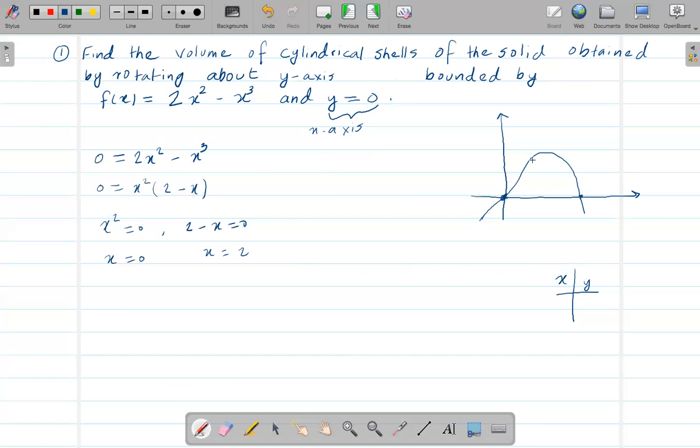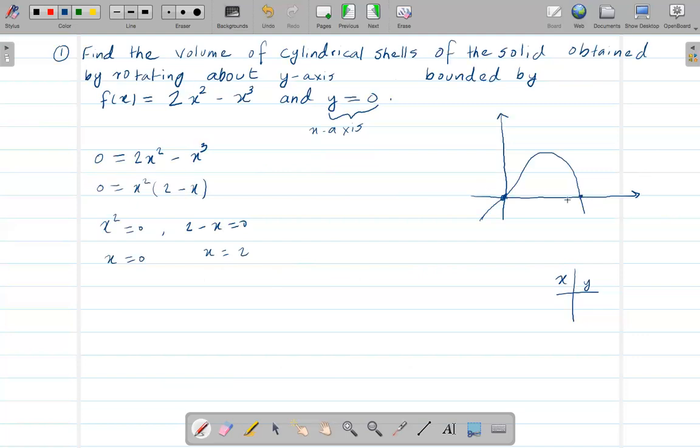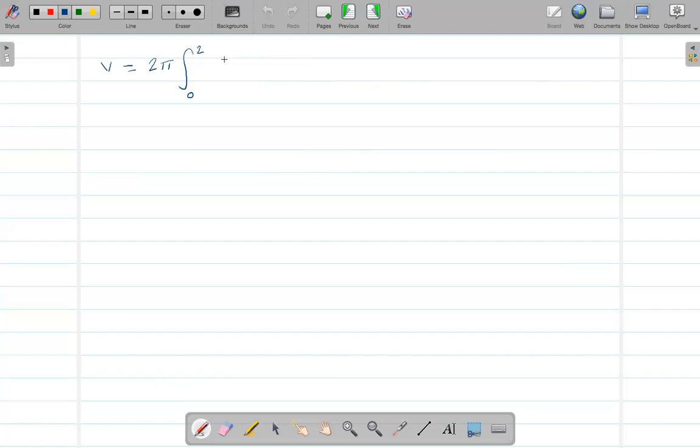Now, after this, we need to find the volume. We know that the volume is 2 pi integral from 0 to 2, because we found 2, of x and f of x dx.